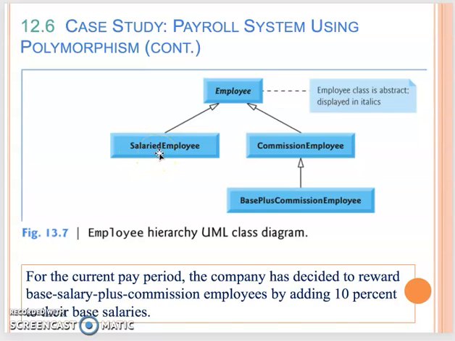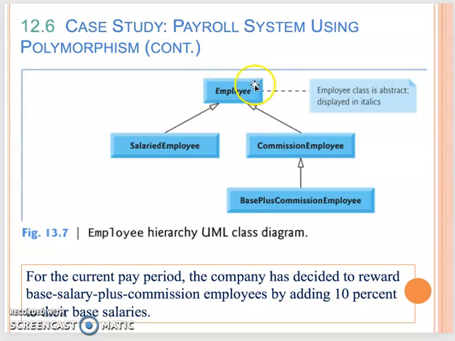So that's why here, this one is the complete employee hierarchy. Here, we will have an employee class. This employee class is really the base class. In here, we define the first name, last name, social security number, or the hire date.